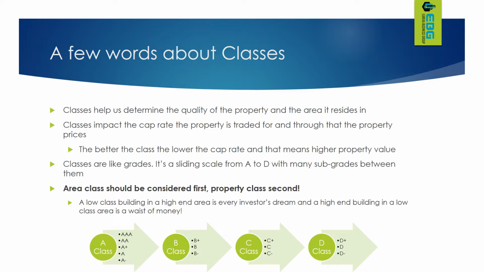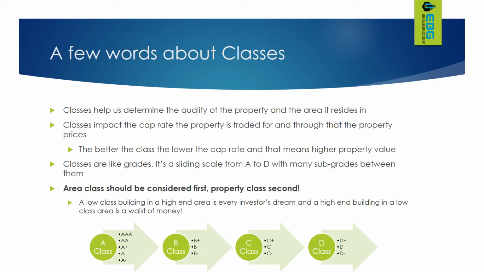The example we have on the screen is if you can find a C-class property in an A-class area, which means a poor condition property in a wonderful neighborhood, then you can upgrade it and make it an A-class property or a B plus property. So really, that's a unicorn.